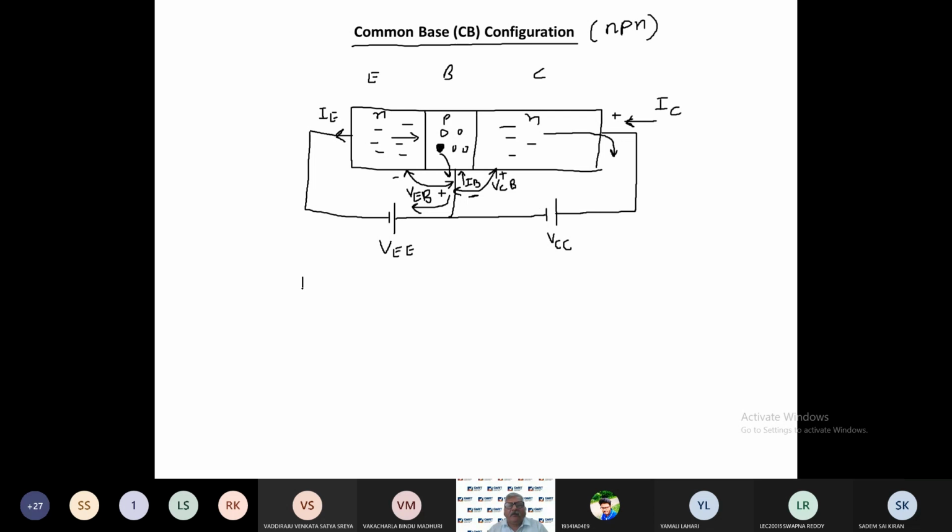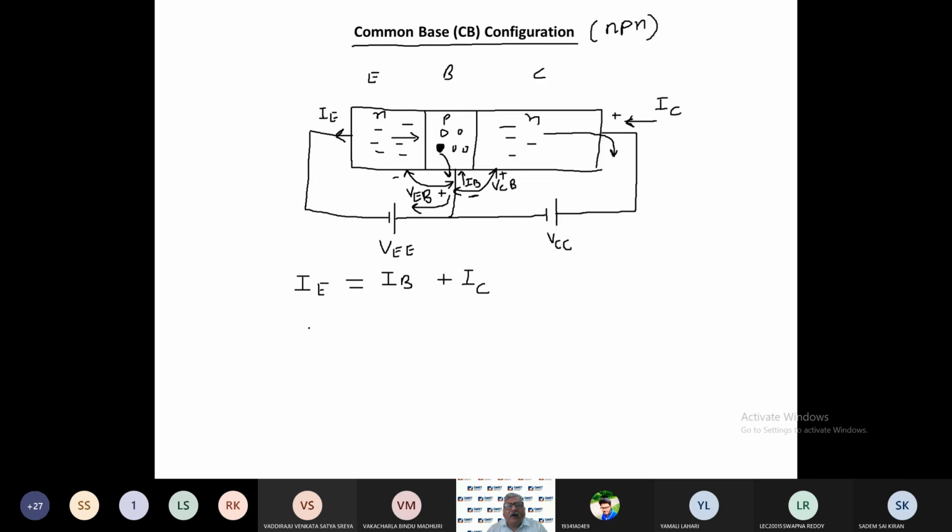So IE will be equal to the base current IB plus the collector current IC. IB is very small, it is in microampere, because very few electrons will recombine with the hole. That's why the base current will be very less.